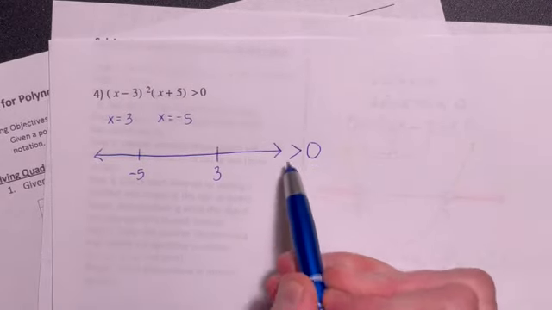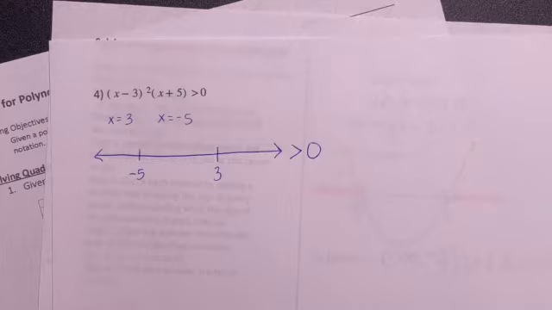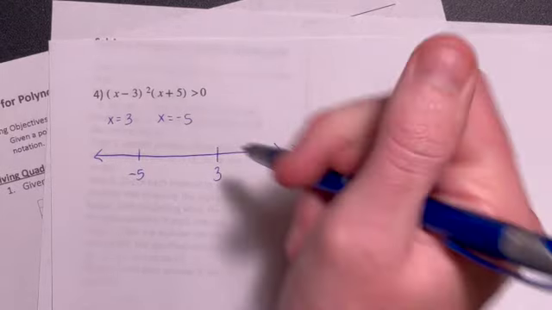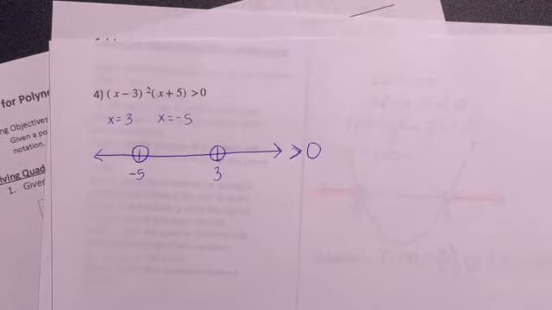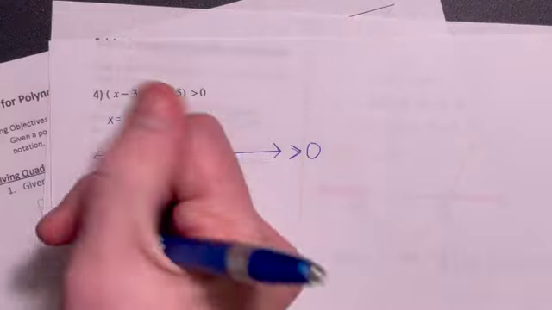I usually write this off to the side here just to give myself a little reminder of what I'm looking for. Since I'm looking for when it's greater than 0, I know I'm not including these values -5 and +3. This polynomial might be harder to graph, or maybe it just takes a little bit longer to sketch out a graph. So using a sign chart analysis can be helpful.